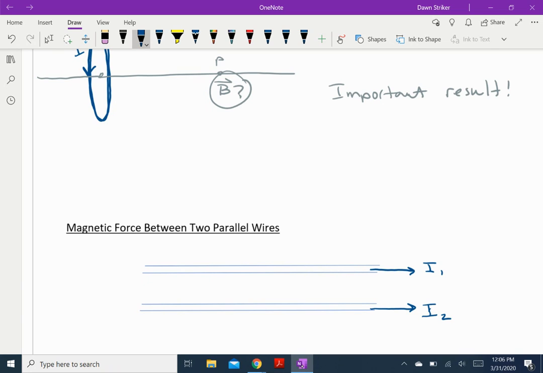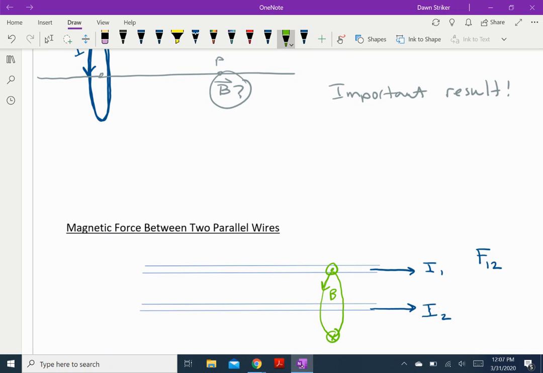And so I'm going to look at the force on I1, the force on I1 due to the presence of I2 nearby. That's what I'm interested in doing. So that I2 sets up a magnetic field around itself, right? That looks like this, B. And up here, it is pointing out of the page, and down here, it's pointing into the page.